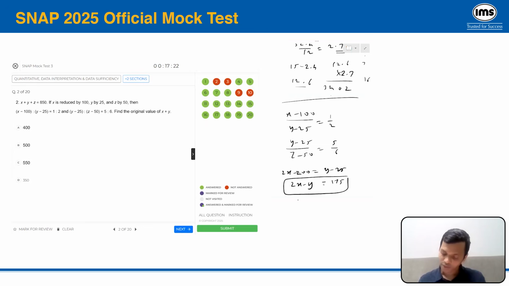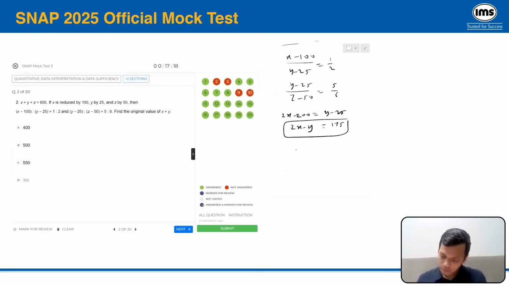This is one equation that we get. 6y minus 150 is equal to 5z minus 250. So 6y minus 5z is equal to minus 150. Correct? And we have x plus y plus z equal to 850.